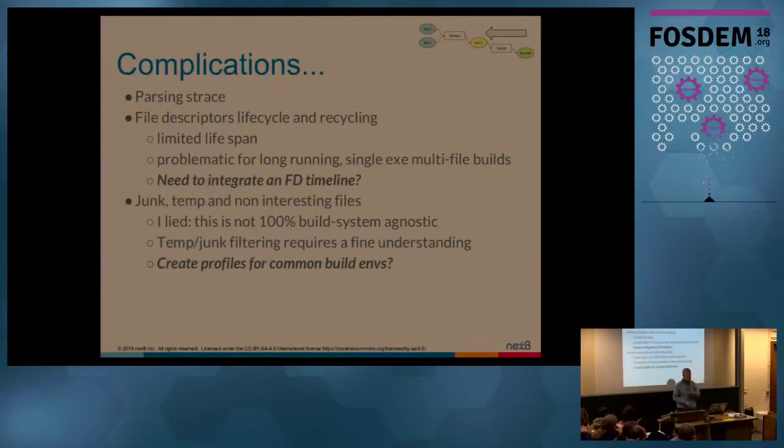Now the complication, parsing strace, I alluded to it. The thing that's difficult also is tracing the life of a file descriptor, because file descriptors have a number that gets reused. They get a path, and you want to trace the absolute path, but they get reused over time. And right now, in the context I was alluding to earlier, which is a long-running executable that processes a lot of unrelated files, the demultiplexing of this operation is not working great.